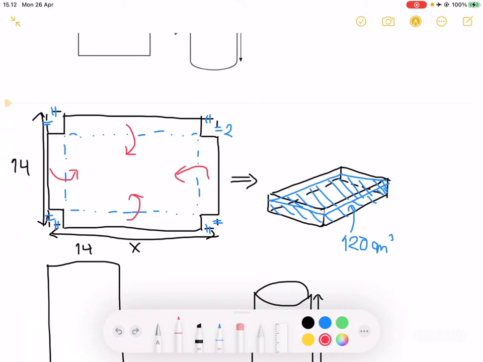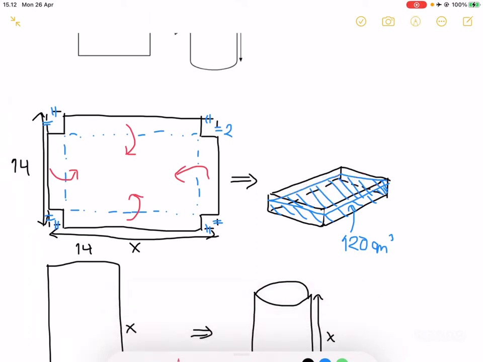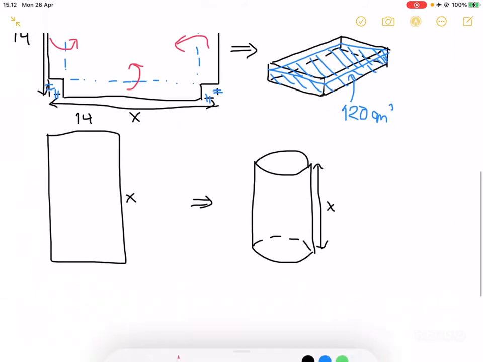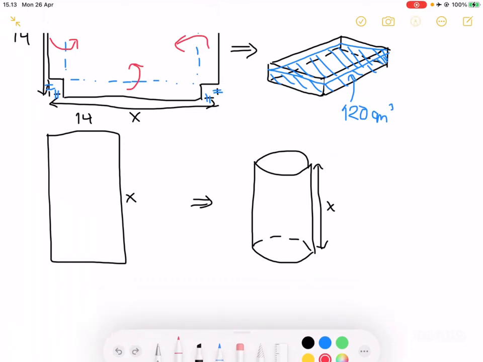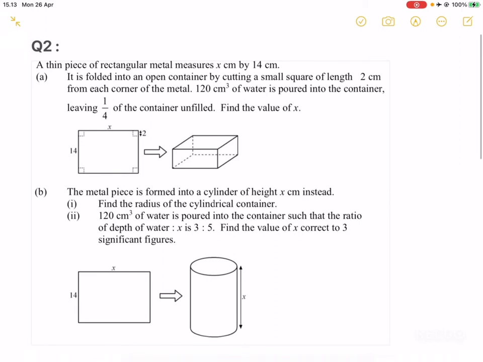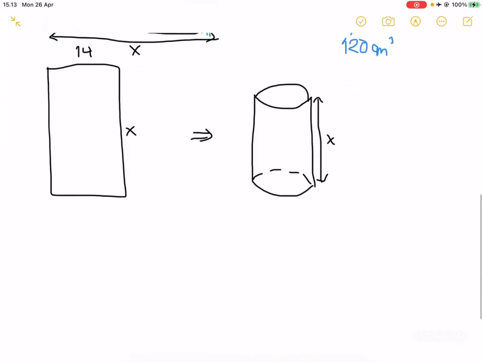And with this figure, 120 centimeters squared of water is poured into this container, leaving a quarter of the container unfilled. And for the second part, which is the cylinder, notice that we can wrap this rectangular piece in such a way that it forms a cylinder. Right, so that's just a brief explanation, and let's jump into the solution.